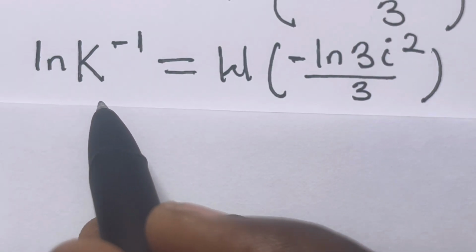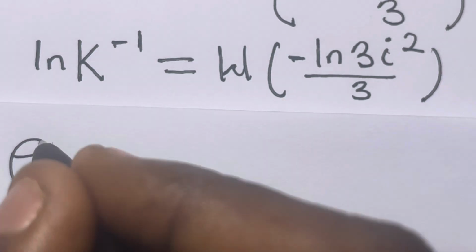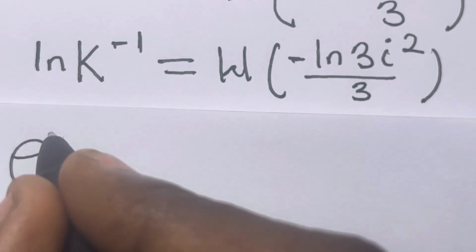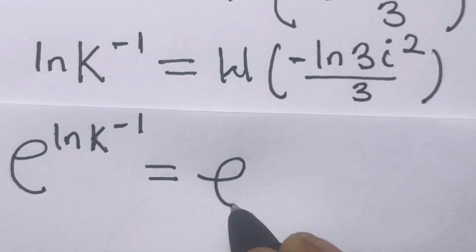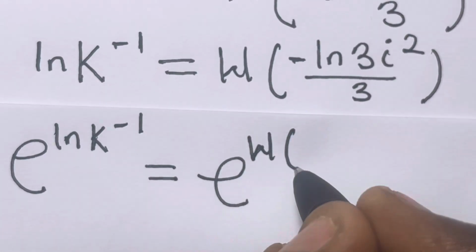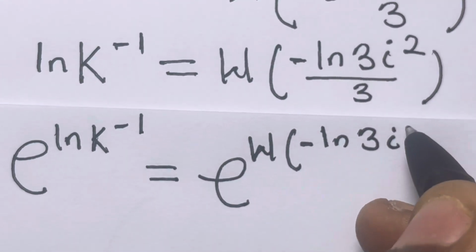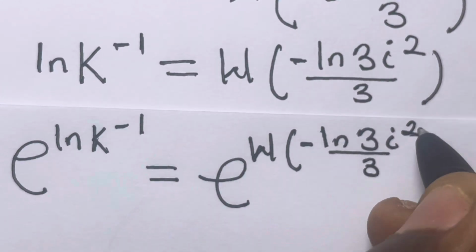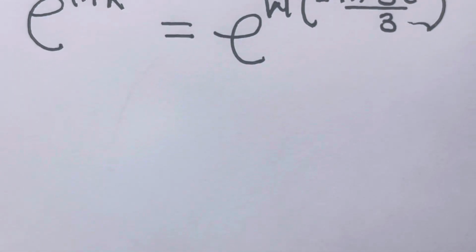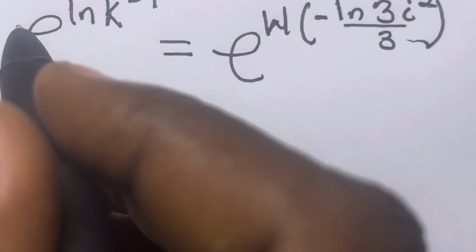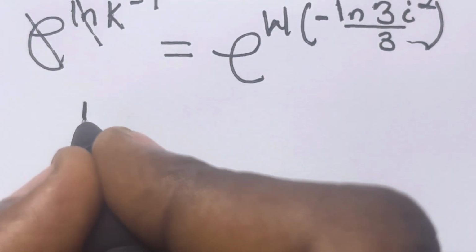By introducing exponential to both sides, we are going to have exponential ln k raised to power minus 1 equals exponential the Lambert function of minus ln 3i squared divided by 3, right?